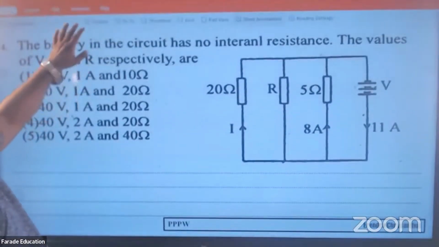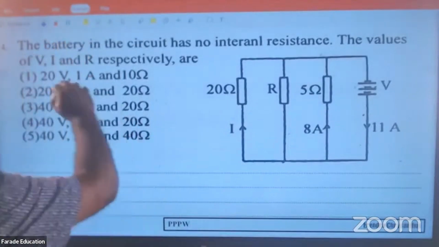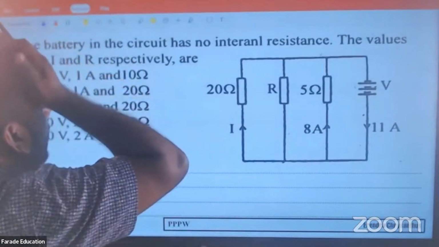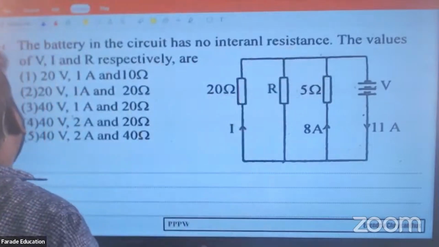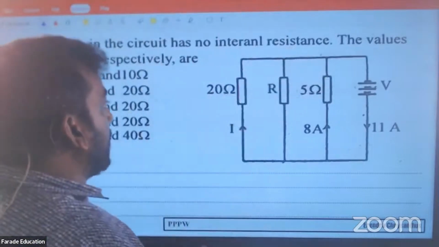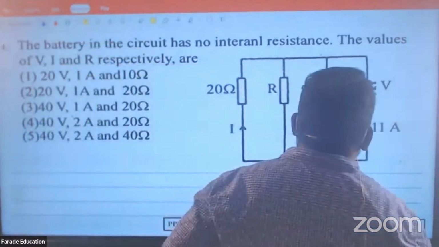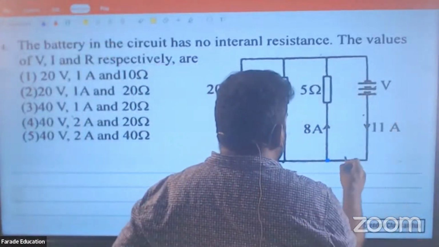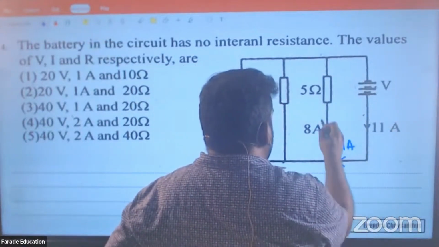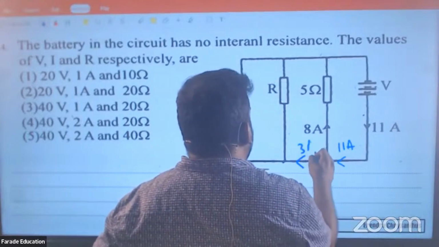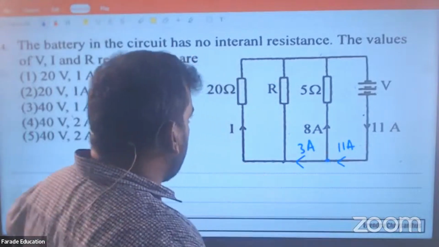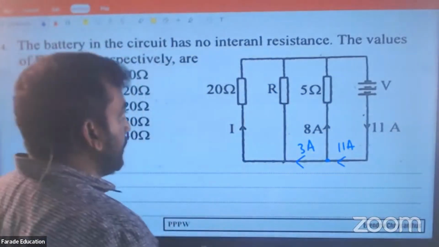Electrical circuit. The battery in the circuit has no internal resistance. The values of V, I, R respectively are? Look at the board carefully. 11 amperes coming in, 8 amperes going out, means 3 amperes here.